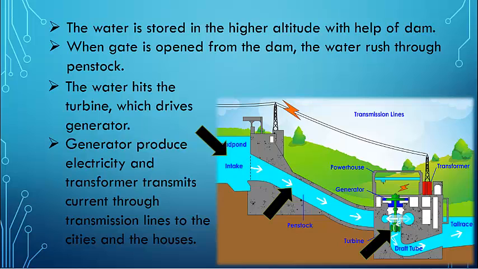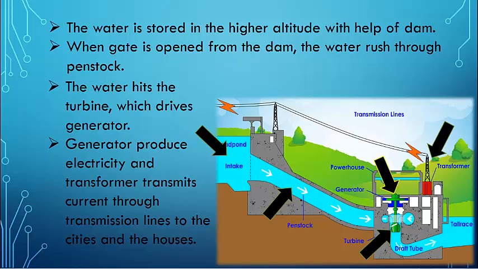The black arrow shows that's called the generator, that's called the transformer, and that's called the transmission lines. So this is how exactly hydroelectricity is produced. I know there are other ways as well, but today we are talking about how hydroelectricity is usually generated.